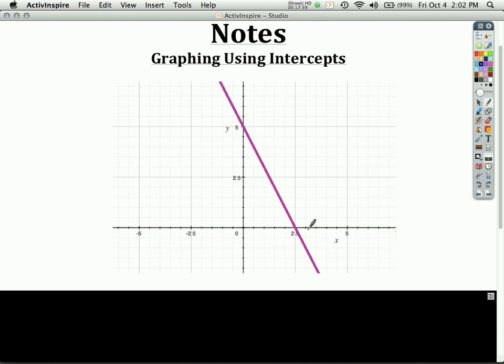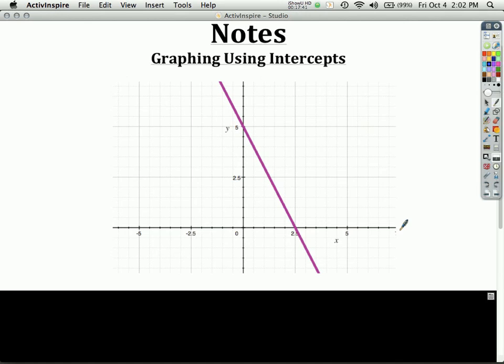So we have the x-axis right here, and we have this graph, and it crosses right here at this location. This point is called the x-intercept. It's an intercept of the x-axis.